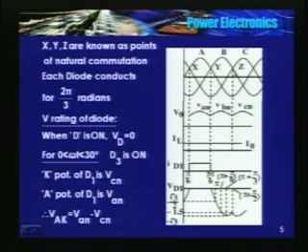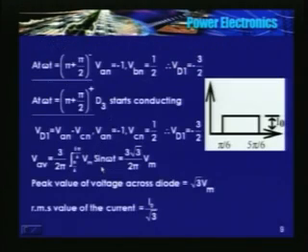VBN is sine 150 minus, this is for phase B, so the value is half, since 270 is approximately -1.